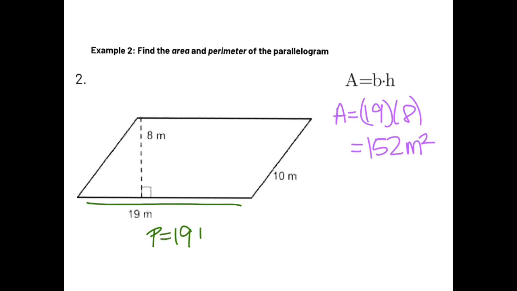Perimeter equals 19 plus this 10, plus over here, because it's a parallelogram, will also be 19. And then down this slanted side will be 10. So the number that becomes useless for us with perimeter is 8. The 8 is on the inside of the parallelogram, so it does not show up in the perimeter formula. Much like with the area formula, the 10 isn't helpful. So we really have to be careful with our parallelograms.